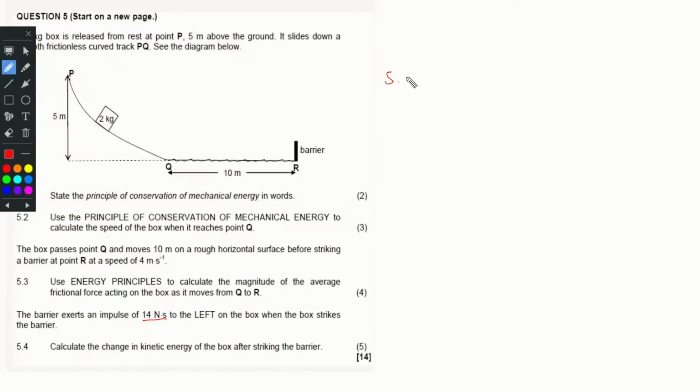So in 5.4, we have this. That's a F net. And then we have a delta T is equals to what? Change in EP. So we know that F net is what? Impulse, right? F net delta T, that's your impulse.